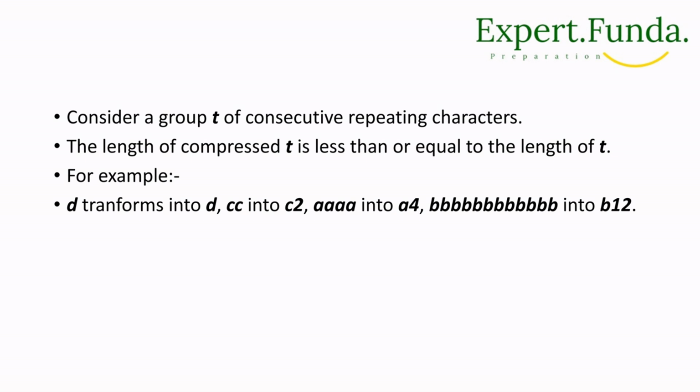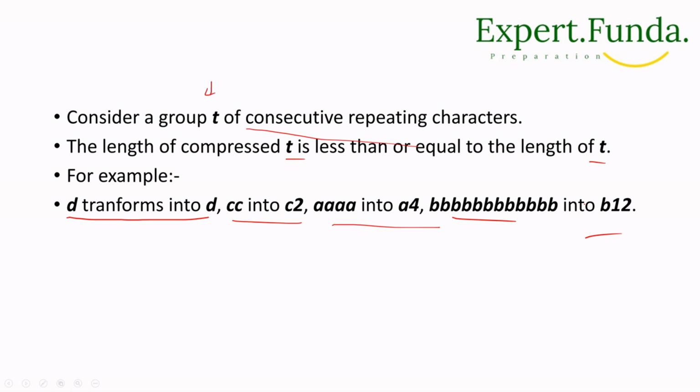The first observation is that you have to consider a group T of consecutive repeating characters, and the length of the compressed T is less than or equal to the length of T. For example, we transform D into D, CC into C2, and A4 into A4, and this into B12.